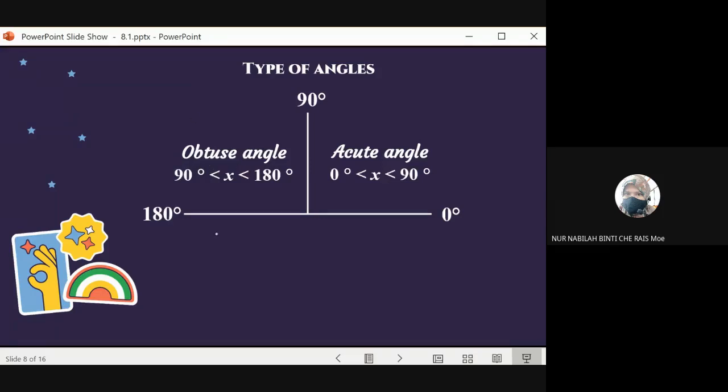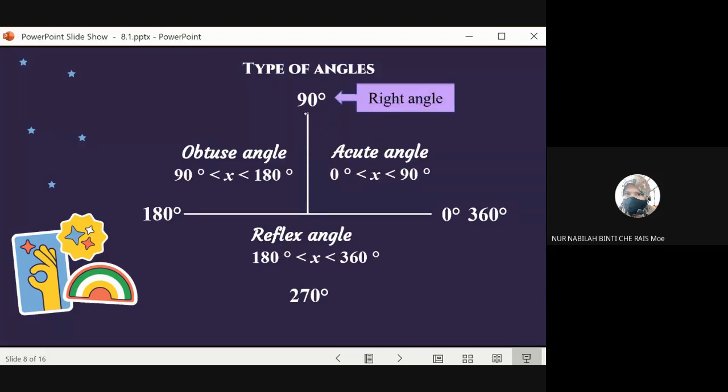And then if your angle is between 180 until 360, 360 included, this one is called a reflex angle. Okay, so if you open your protractor more than 180, that one is a reflex angle. 90 degree is also known as a right angle.